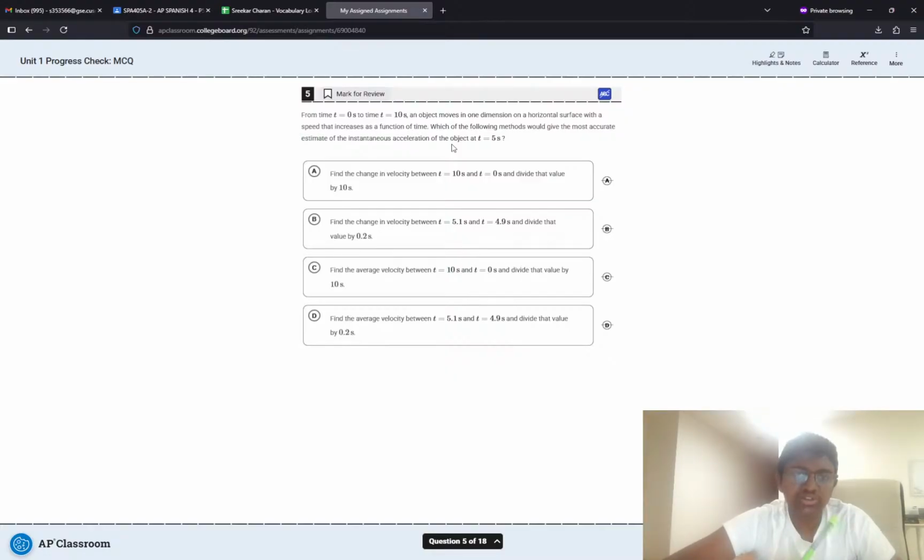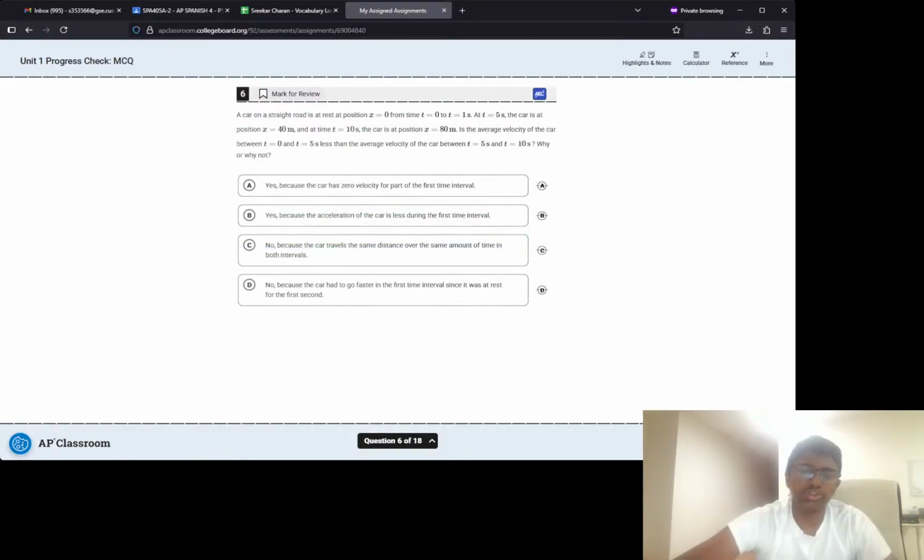Instantaneous acceleration. Find the change of velocity between these times. I think that would be the best approximation.